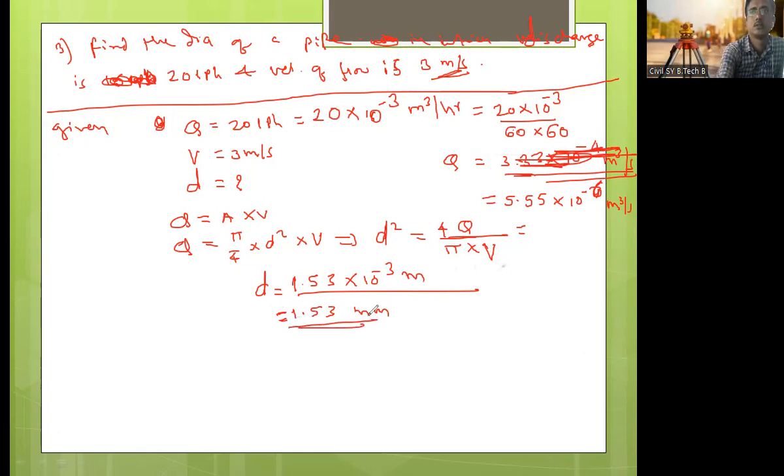So this is the diameter of the pipe that we have got. It's quite a small diameter.